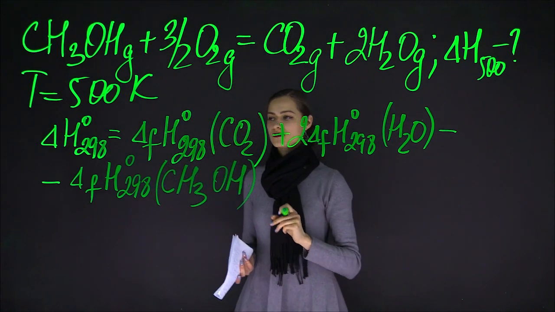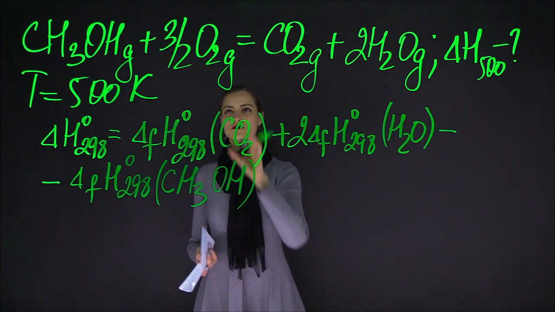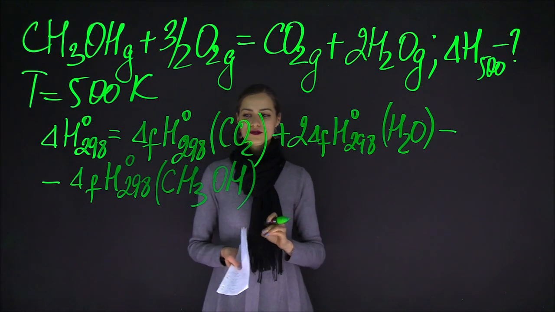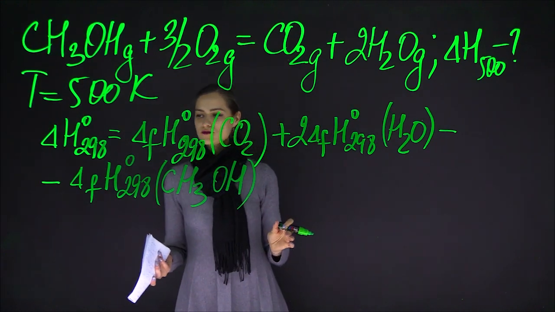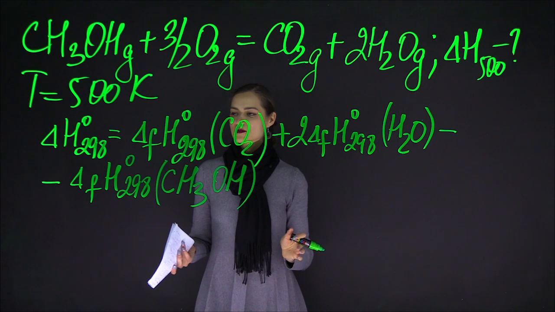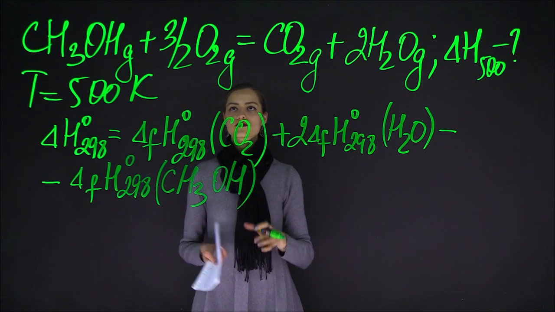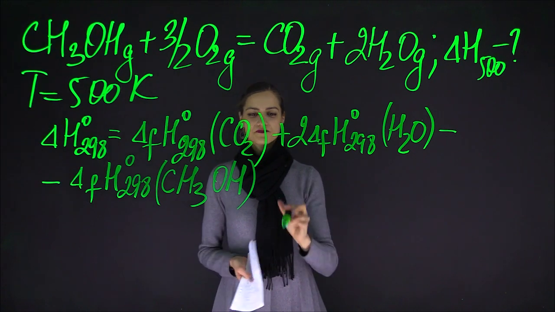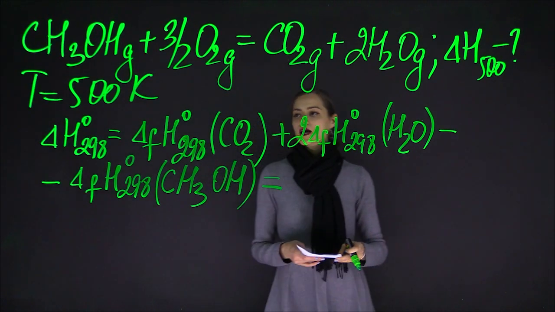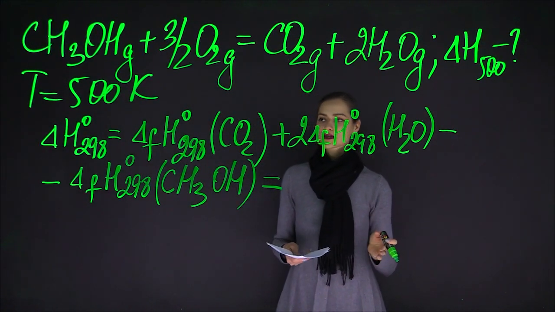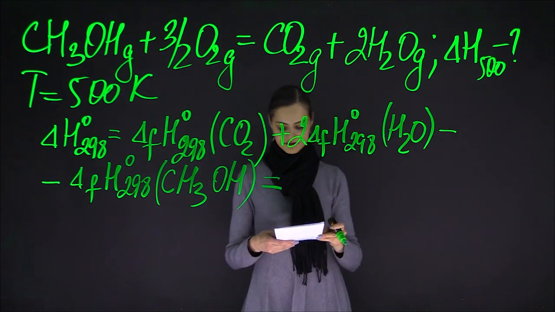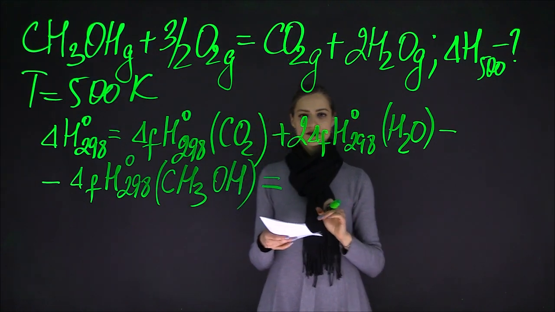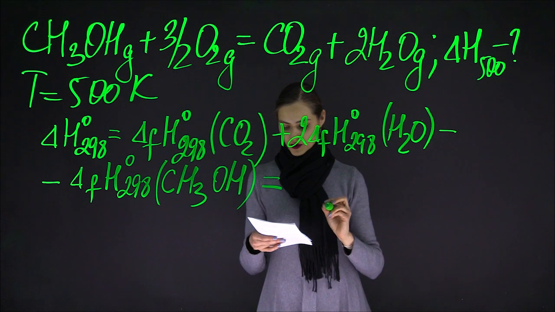And then you may think that we use standard heat of formation for oxygen, but according to theoretical position, standard heat of formation for simple substances equals 0, so we don't need to write it. And using table data, thermodynamic data, let's put numbers in this formula.